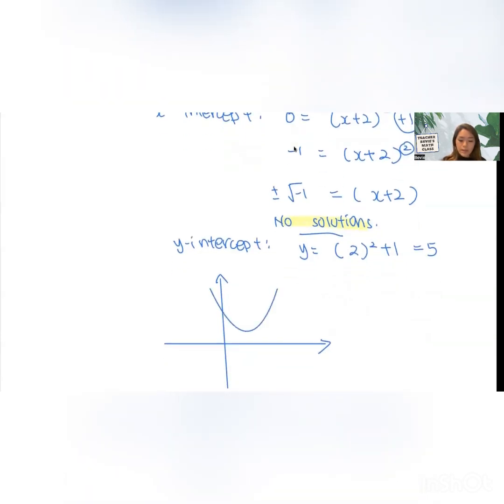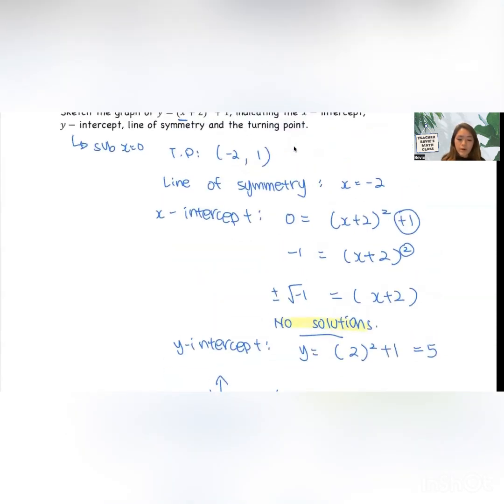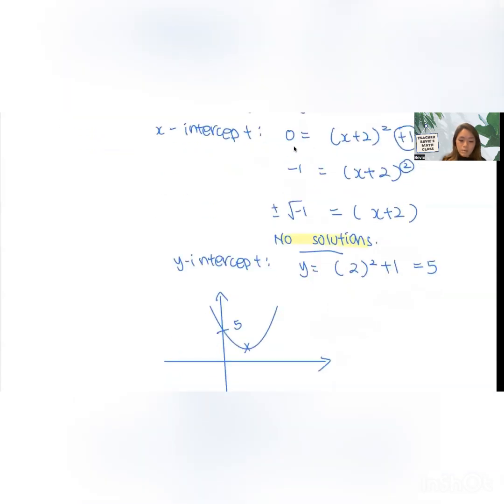So it looks something like this. This is 5. The coordinates of the turning point, I found right at my first step, which is (-2, 1). And my line of symmetry will be x equals -2. Don't forget to label your x and y axis.